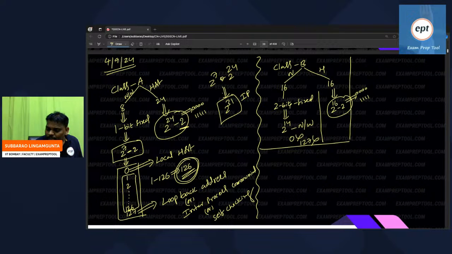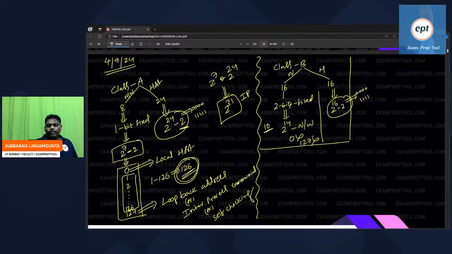But in the network area, all zeros and all ones are no way. The reason is that the class B network starts with 10.